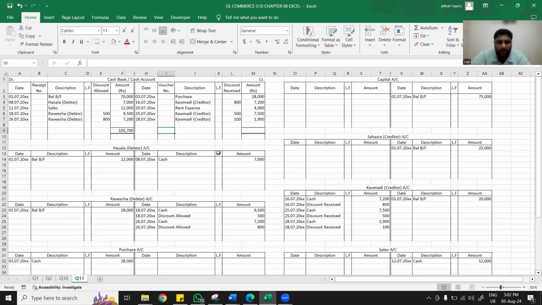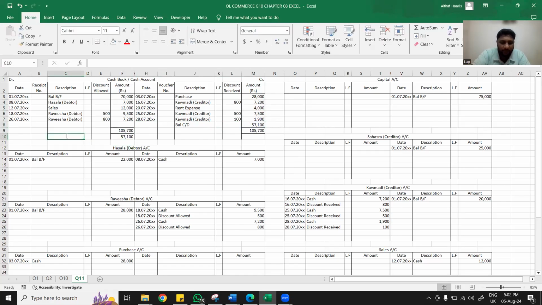Debit side total 1,05,700. Then how much is the balance c/d we are getting? It's 57,100.